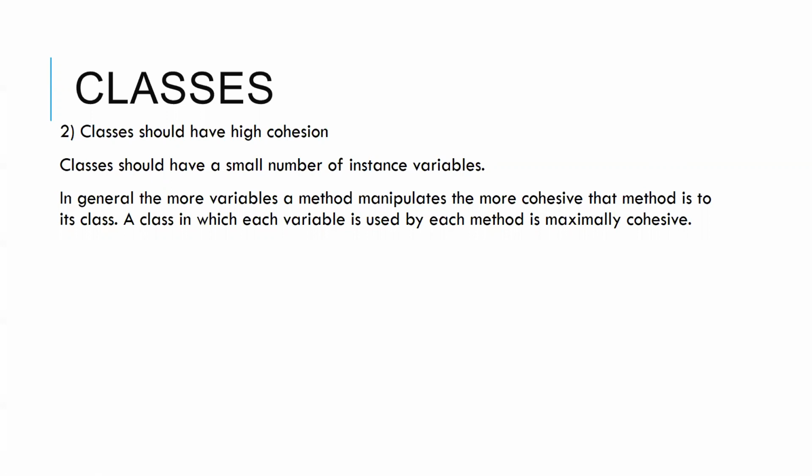In general, the more variables a method manipulates, the more cohesive that method is to its class. And a class in which each variable is used by each method is maximally cohesive. But in practical use cases, maximum cohesion is not achievable. Still, your focus should be to have as high cohesion as possible.